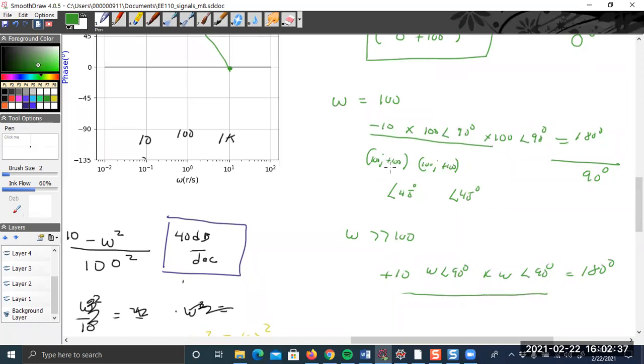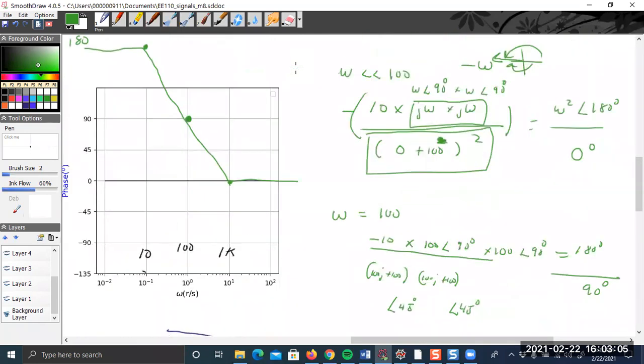But now the real part is no longer important. And so I have an omega at 90 times an omega at 90. And you can see that this becomes 180. 180 minus 180 is 0.